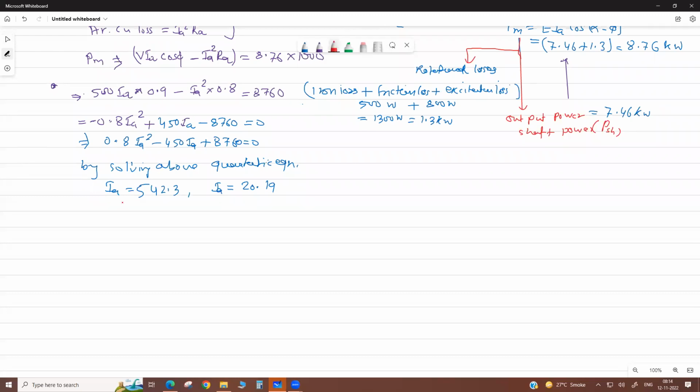This is the higher value, it is wrong. We assume this will be the correct one. This armature current is correct. Here we consider this value.